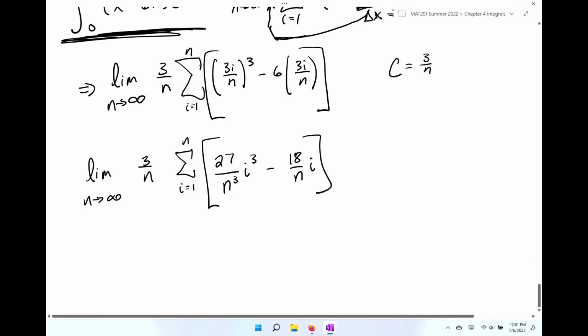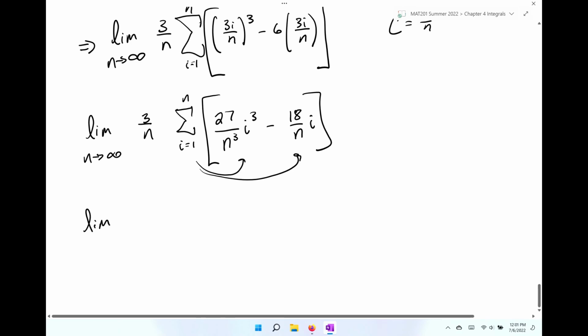Now, we're going to apply some of our properties. I have the summation symbol, so I'm going to distribute that. That's going to give me the limit as n goes to infinity of 3 over n times the summation of each one of these. Let me write this out real quick.